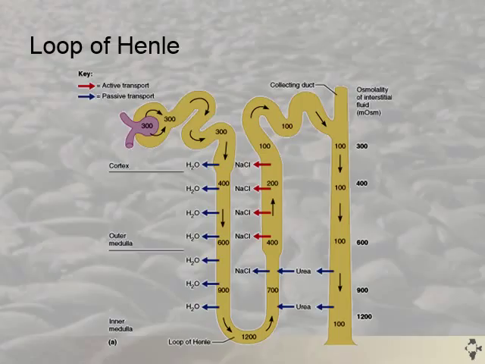So you can see here the osmolality is 300 milliosmoles per kilogram in the glomerulus, in the blood, and it's the same in the Bowman's capsule. So this is likely a freshwater fish that's trying to produce very copious amounts of dilute urine. You can also note here that there are two different types of arrows.